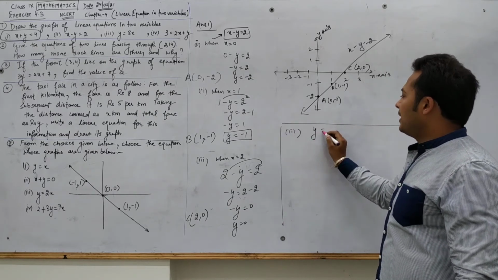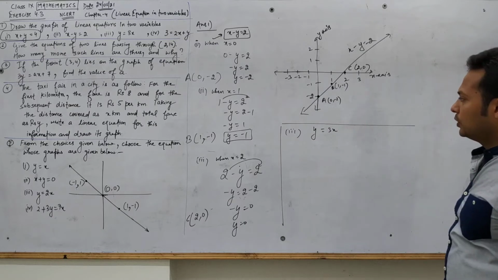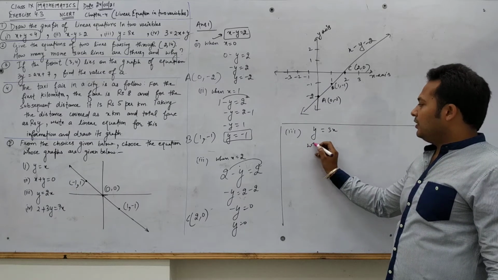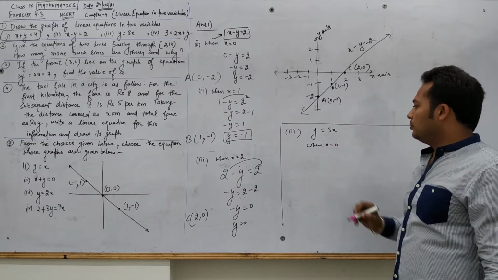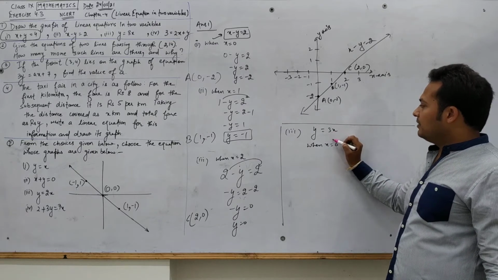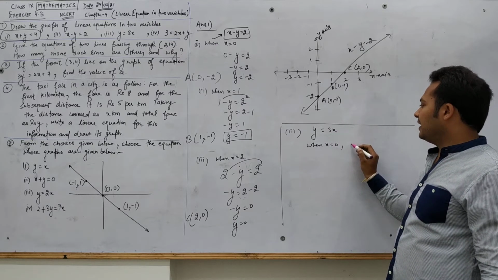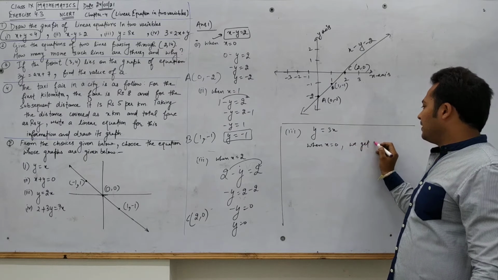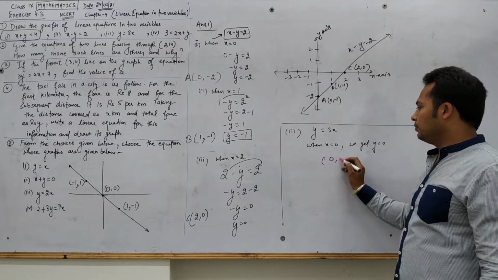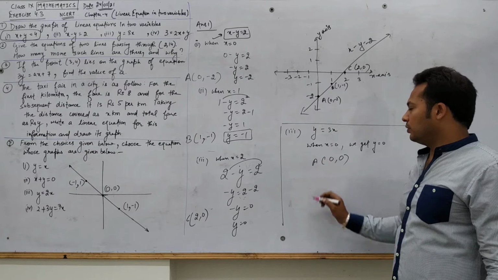We are given y equals 3x. Okay, so when the value of x is assumed 0, 3 multiplied by 0 will be 0, then we will get the value of y equals 0. So the point will be (0, 0).